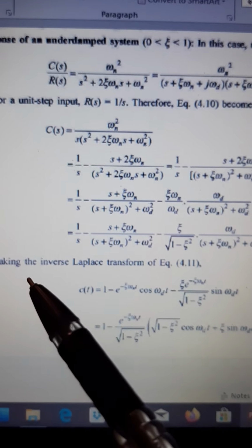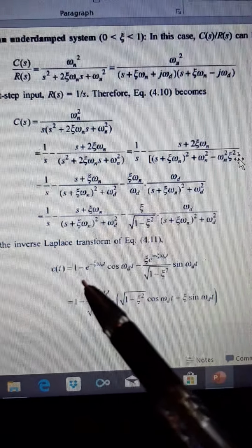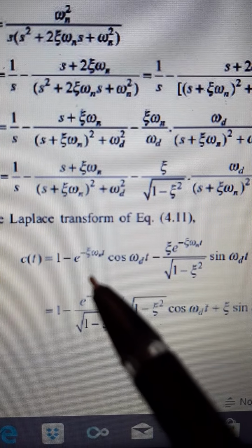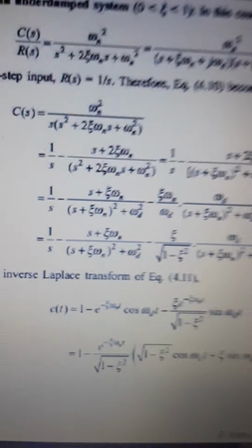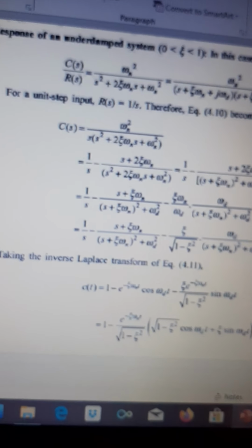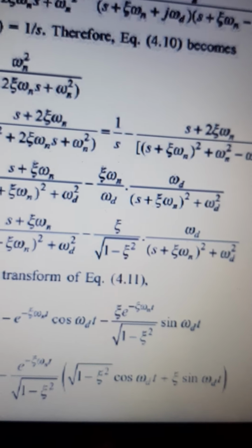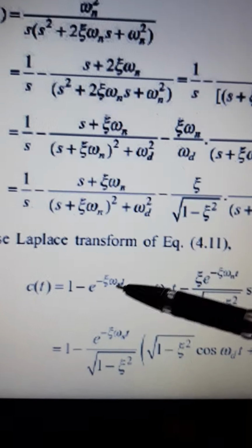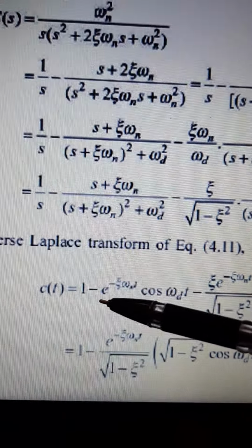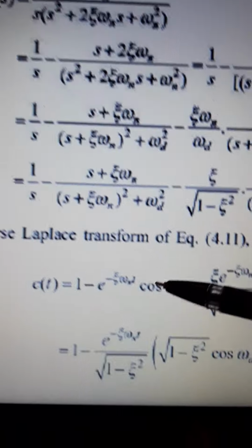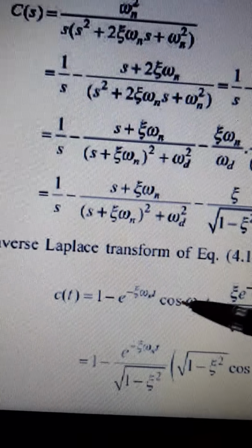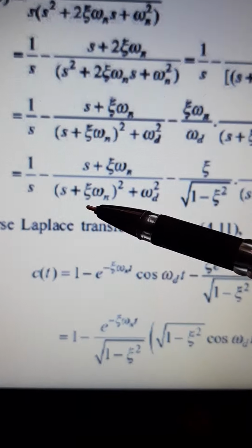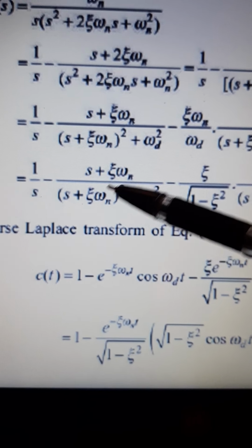Now when you take the inverse Laplace transform, c of t becomes 1 minus e to the power of minus psi omega n t, this one. This is a standard form.